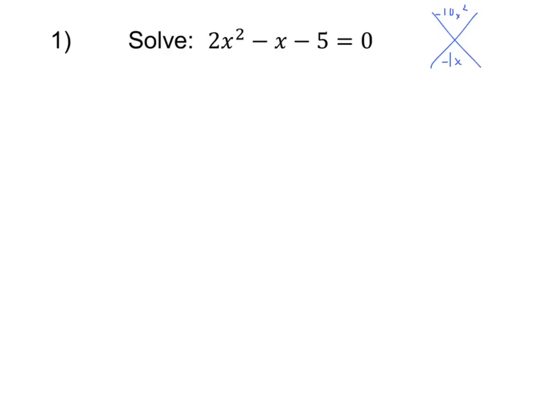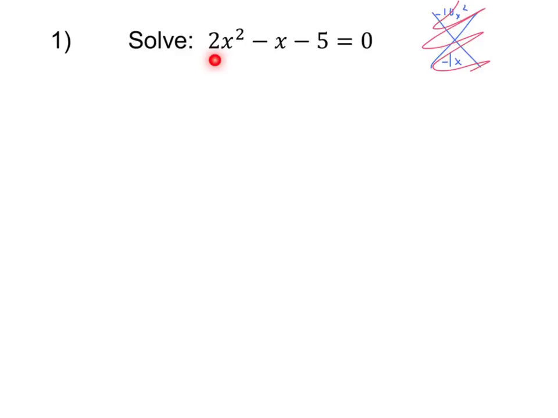We can't find numbers that multiply to get negative 10x squared and add up to negative 1x. So that doesn't work. And also, completing the square wouldn't be such a great idea here because we have an odd number in the middle for our b value, and also our a value is not 1. Because of those reasons, we need this new method, the quadratic formula.